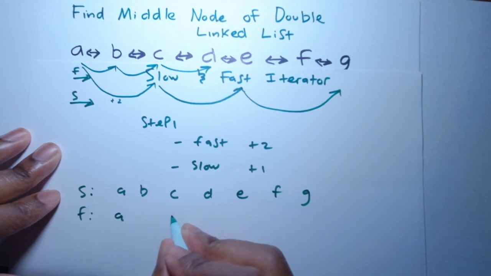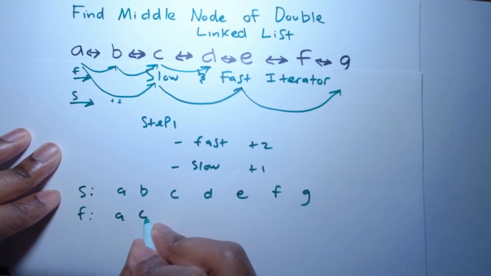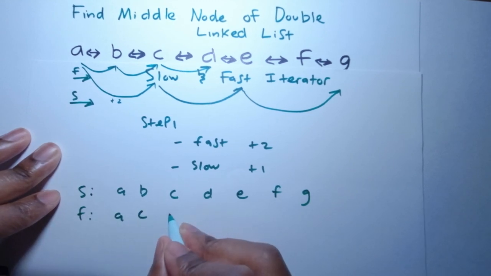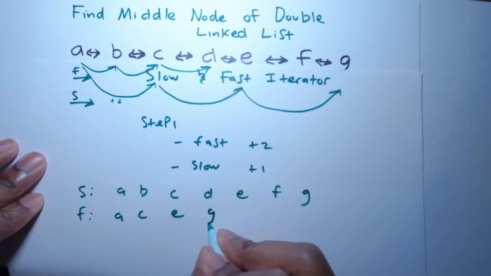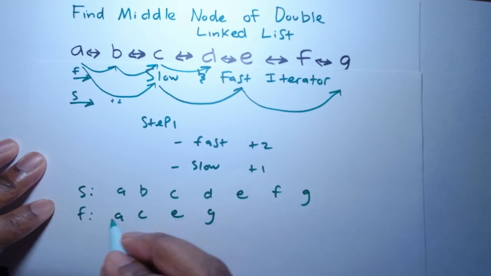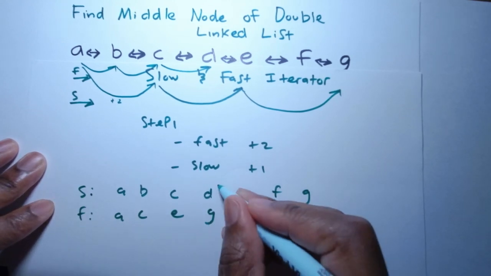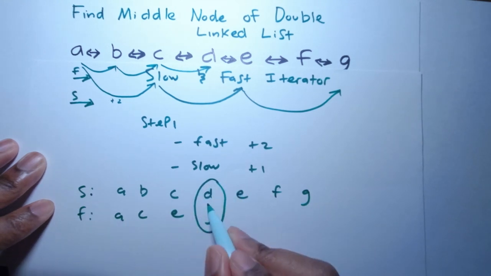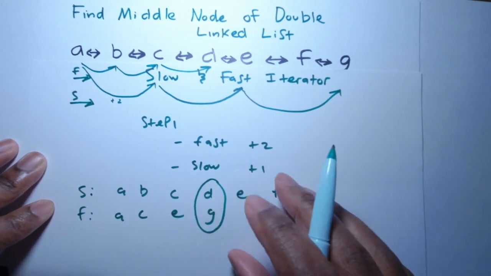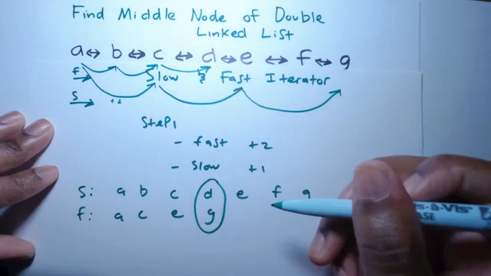We go from A to C, from C to E, and then from E all the way to G, right? So by the time the fast iterator gets to the end, you'll notice that the slow iterator is in the middle. And that is really the beauty of this approach.